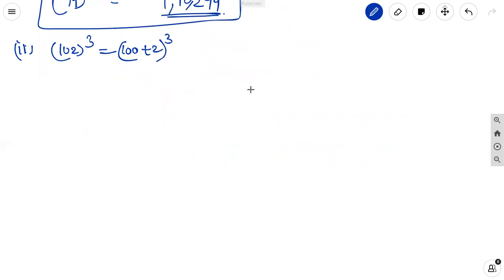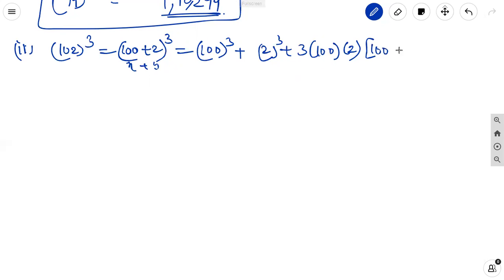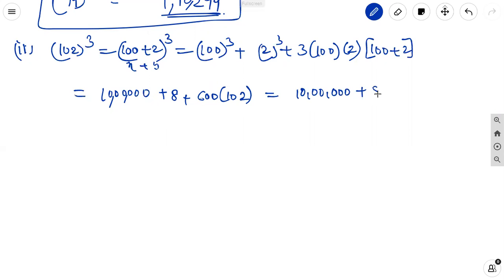In this we are using the first identity, (x plus y) whole cube: 100 whole cube plus 2 cube plus 3 into 100 into 2 into (100 plus 2). 100 whole cube means we get 6 zeros, that is 10 lakhs, plus 2 cube is 8, plus 3 into 2 is 6 into 100, 600 into 102, is equal to 10 lakhs plus 8 plus 61,200, which is 10,61,208.